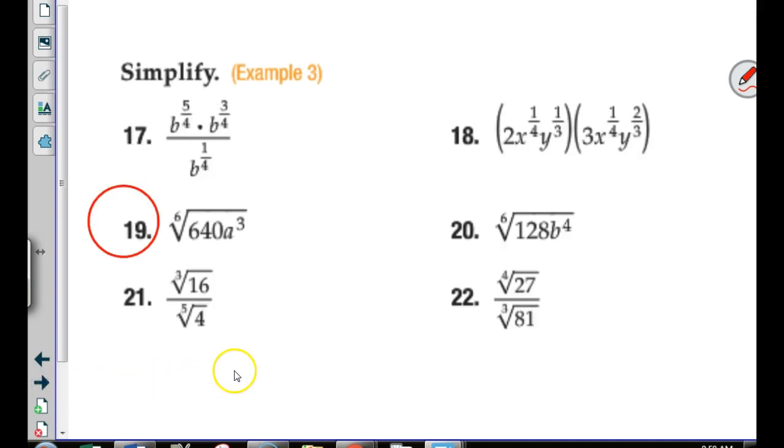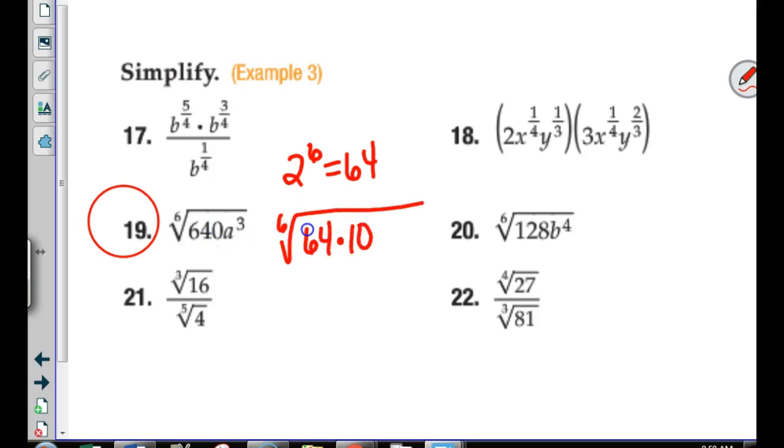Uh-oh. Well, let's see. What is 2 to the 6th? What is 2 to the 6th? Okay. 2 to the 6th is 64. So the 6th root of, if I make 640 64 times 10, we can do the 6th root of 64, right?